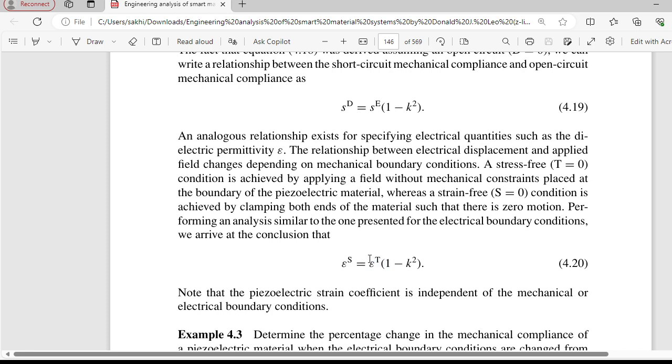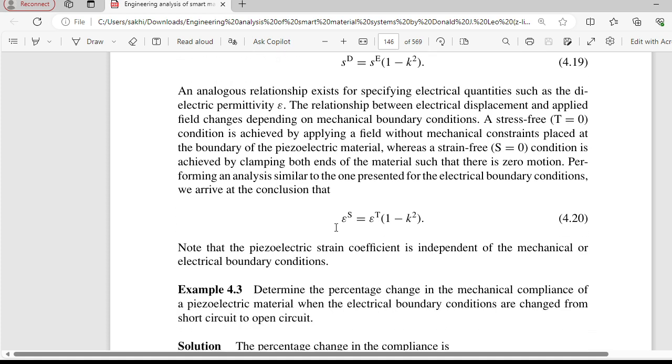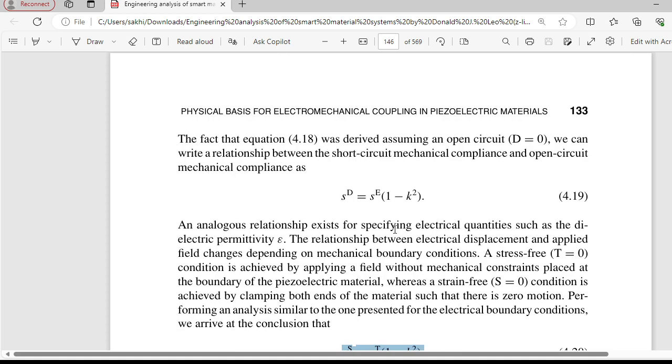So this is for the free strain condition. If you apply these boundary conditions, you can prove this easily, right?